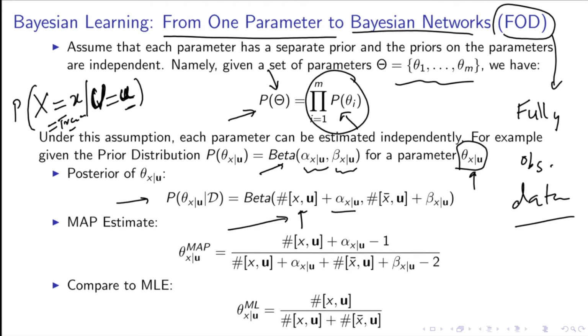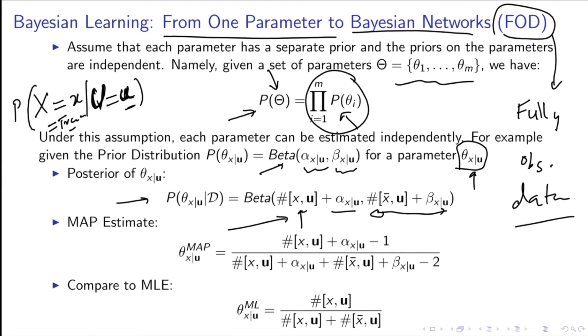So the relevant counts for alpha are nothing but the number of times the assignment x comma u appears in the data set.